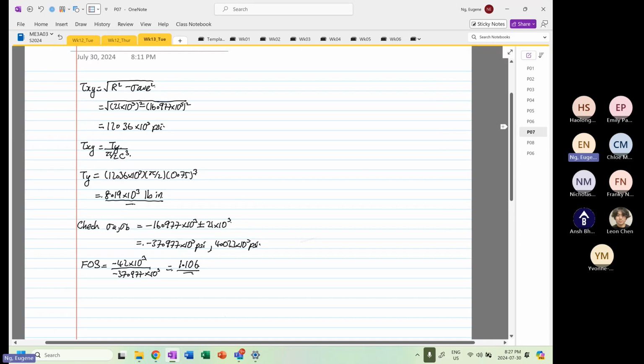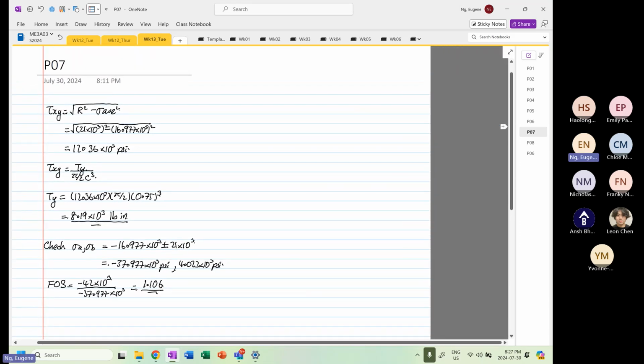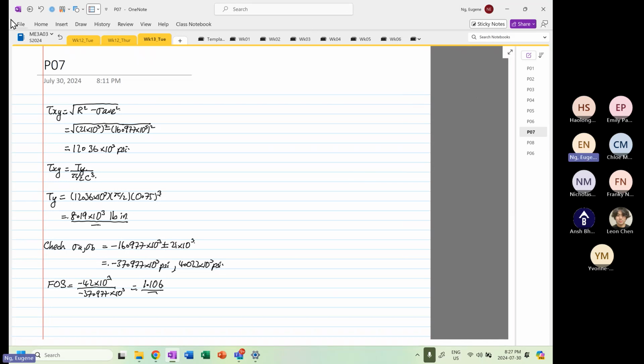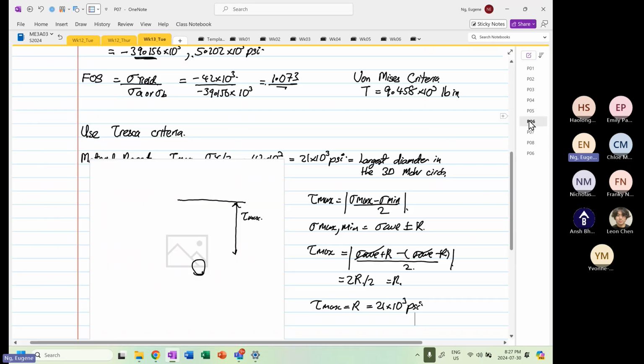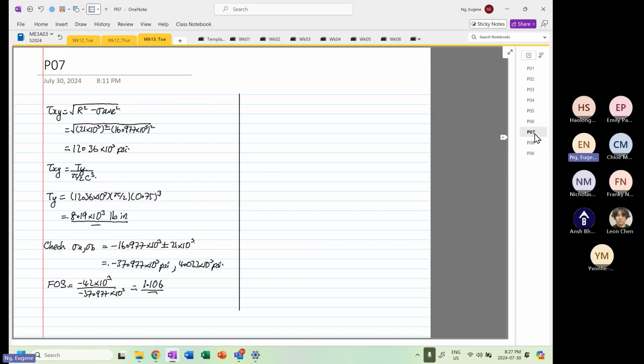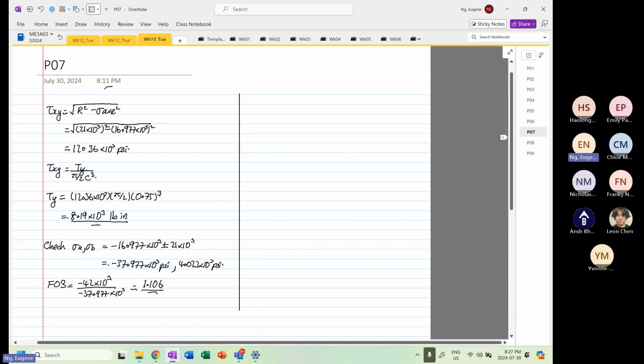Okay. So what I'm going to do now is I'm going to take the values and compare. Okay. So if we look at the shear xy, on this side is Tresca, and on the other side is von Mises.